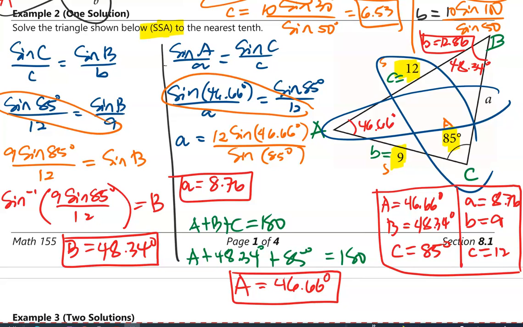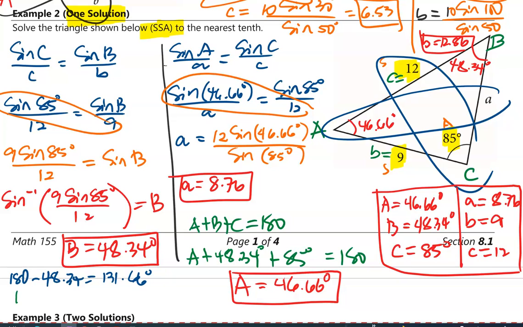In this case, example number 2, it says one solution, meaning if we subtract our angle B from 180, we find that there may be a second possible solution. So that's why 180 minus 48.34 is approximately equal to 131.66 degrees. And to check the solution, subtract both angles, 131.66 and 85, from 180.